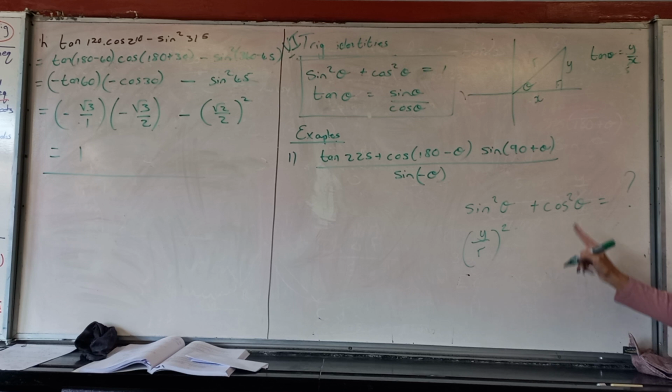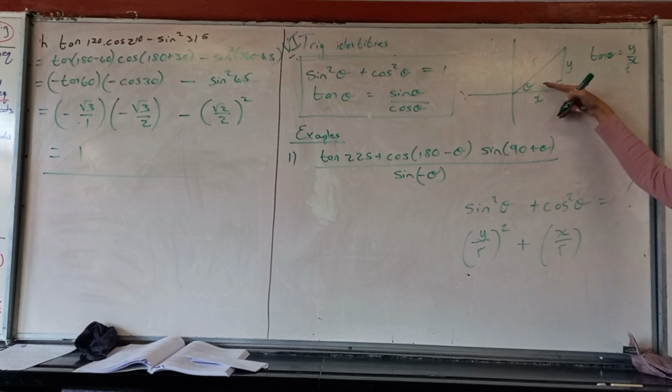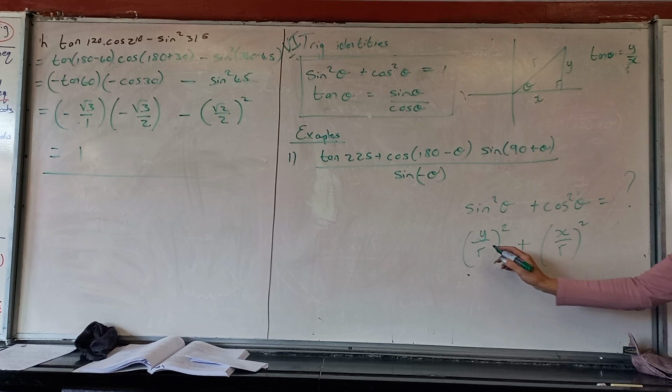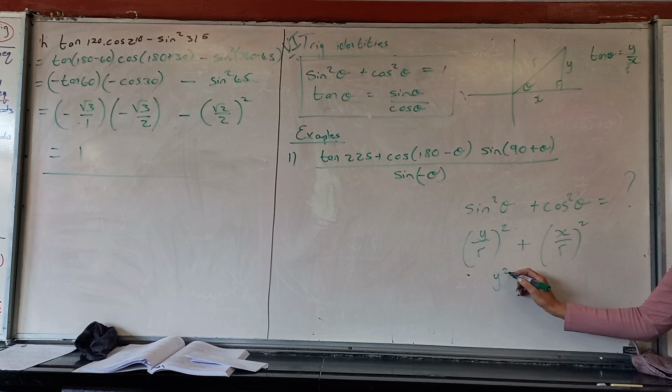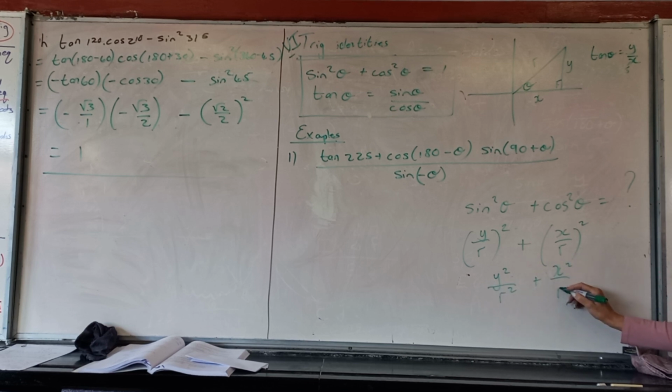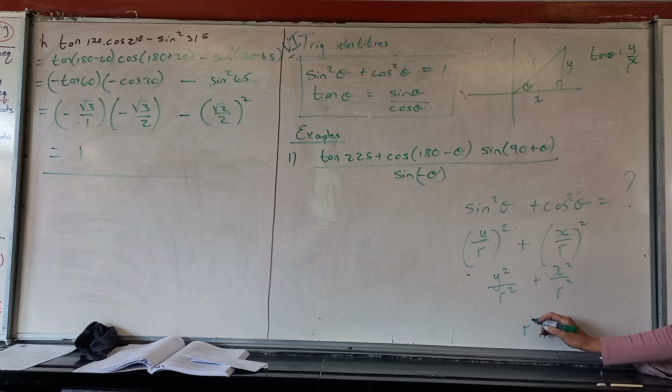That's squared. And cos is x over r, squared. Now if you want to simplify that, that'll be y squared over r squared plus x squared over r squared, which means everything over r squared will be y squared plus x squared.